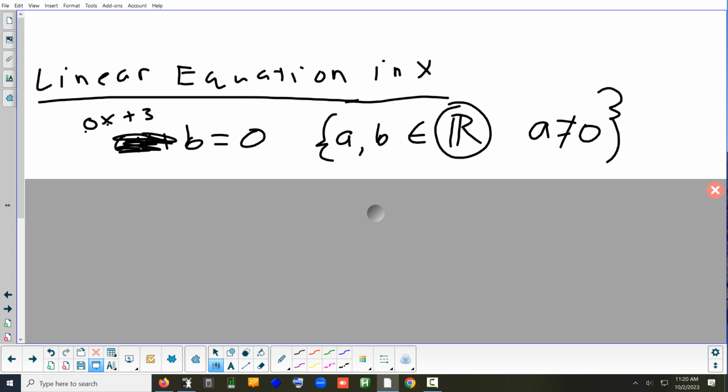Okay, that's not a linear equation. To have a linear equation, it has to have a slope that's not 0. If the slope is 0, we call that a constant equation. That's like a horizontal line. Okay, that's a constant. A linear equation is usually on a slant, positive or negative. But it's on a slant.